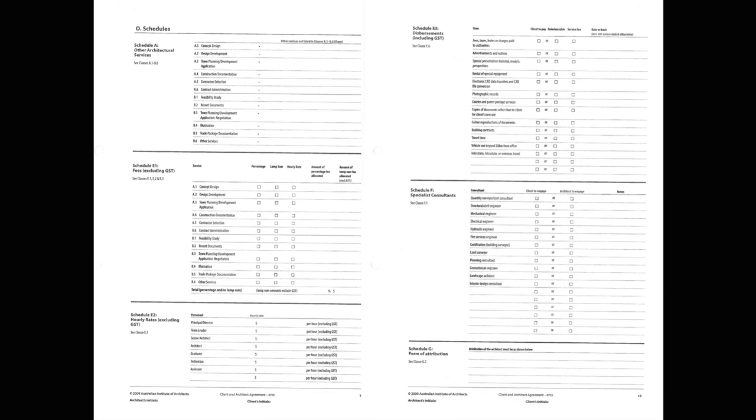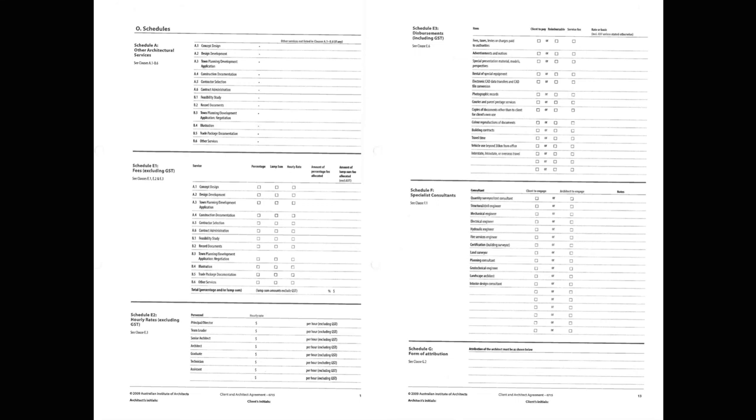You see on the top there are three ways of doing that. One is that the client pays. The second is that the architect pays and then is reimbursed for the amount that has been paid. And finally, that the architect pays and then charges the client a service fee for handling the payment.